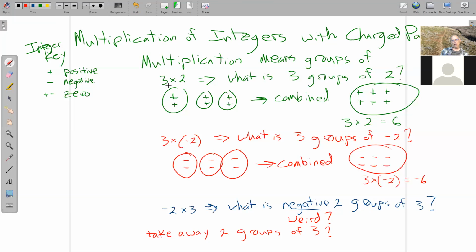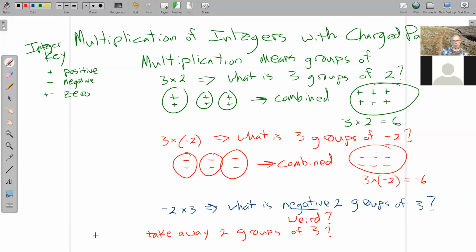Well, up here, I guess we added 3 groups of 2, didn't we? Added to what? Well, we started with nothing and then we added 3 groups of 2. Okay, so here in the second one, we added 3 groups of negative 2, starting with nothing, really.